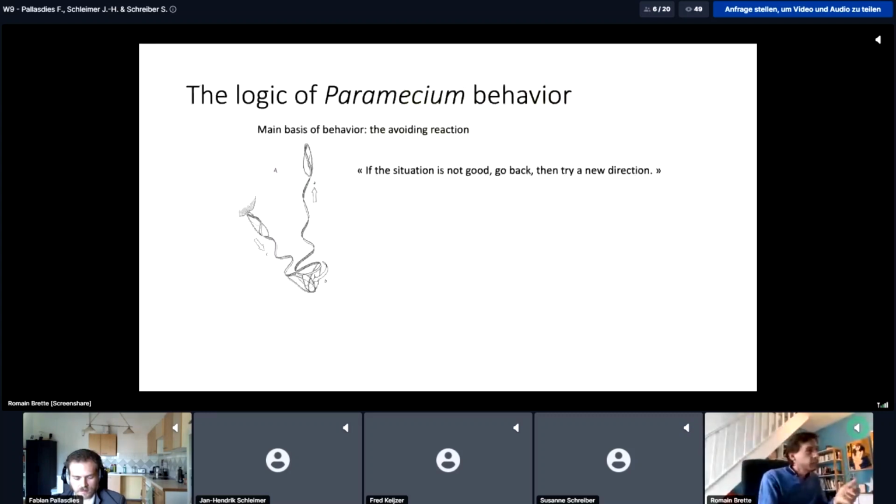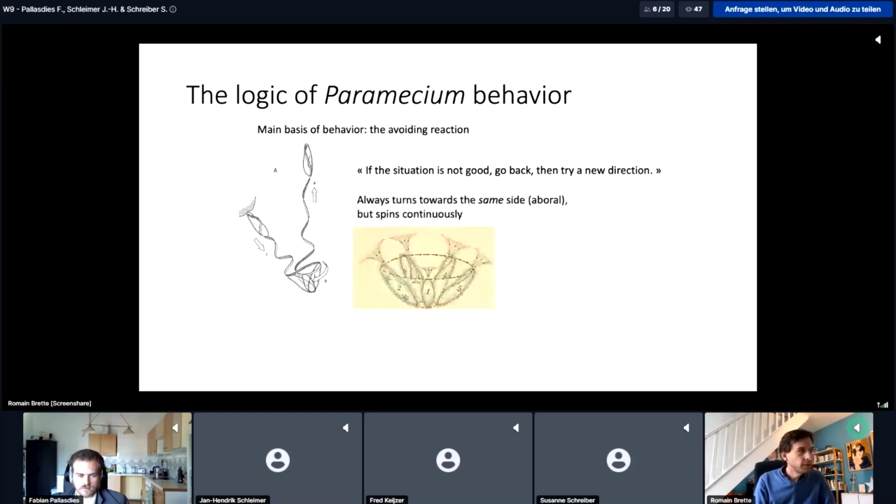One of the main determinants of Paramecium behavior is the avoiding reaction. Basically the principle of behavior as described by Jennings is the following. If the cell finds itself in a situation that is not good, then the avoiding reaction is triggered, which means that the cell swims backward, comes back from where it was coming from, and then turns and tries a new direction.